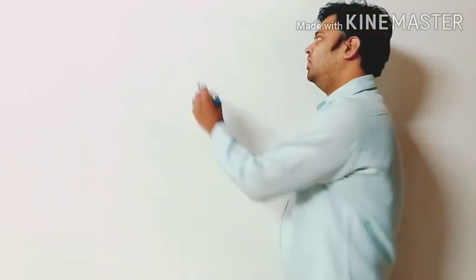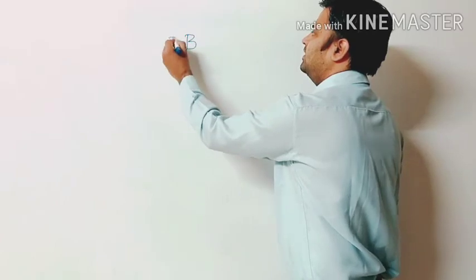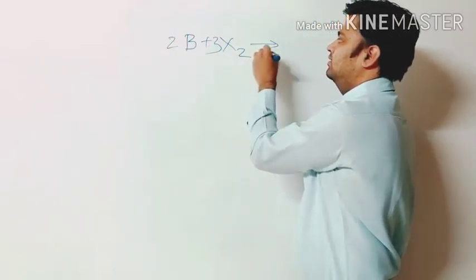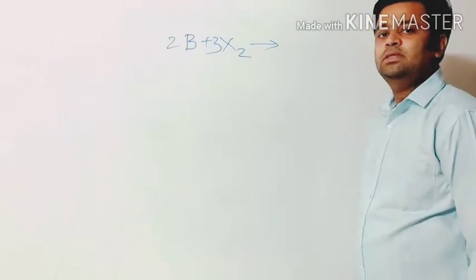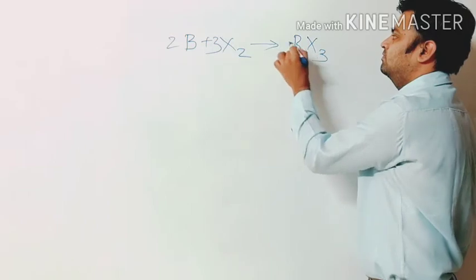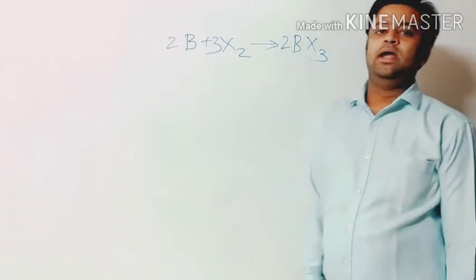Now we will come to the preparation of boron halides, boron trihalides. Basically, boron can easily combine with halogens to form boron trihalides.